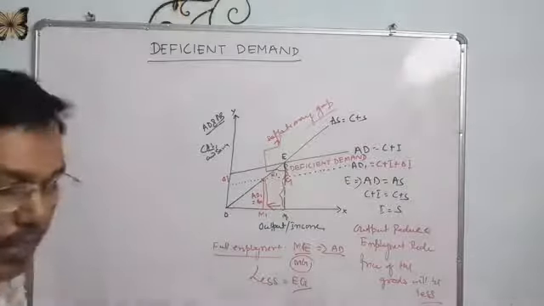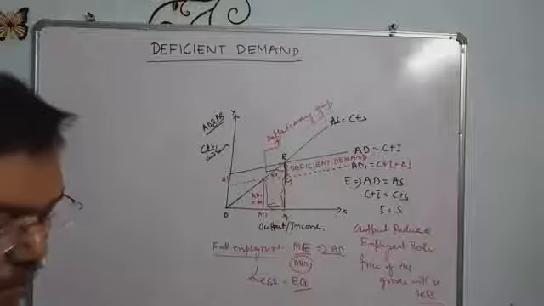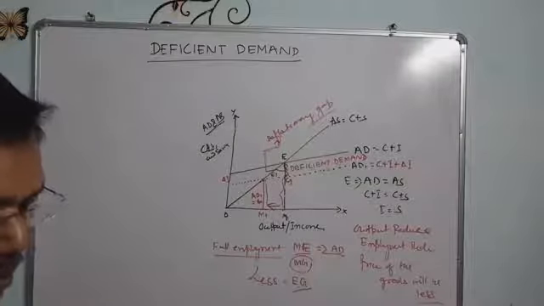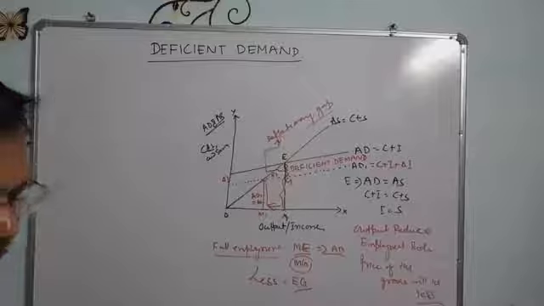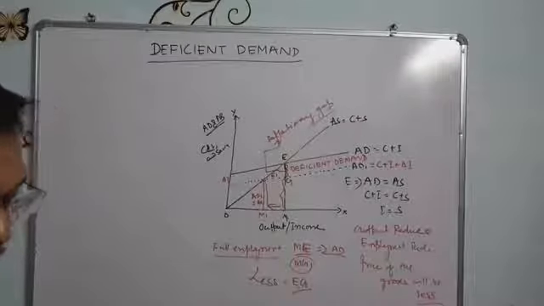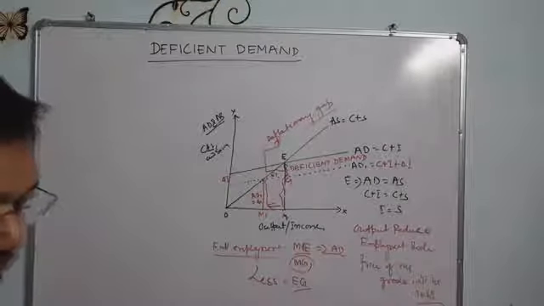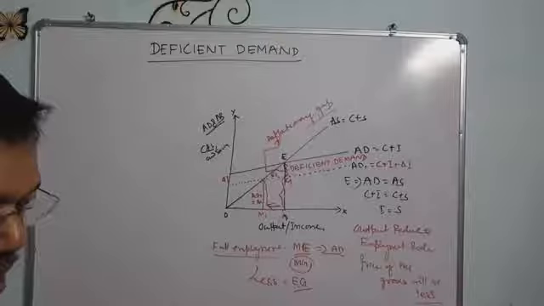So what deficient demand says is that the aggregate demand required to maintain full employment minus the current aggregate demand, or deficient demand is the available aggregate output minus the anticipated aggregate expenditure.